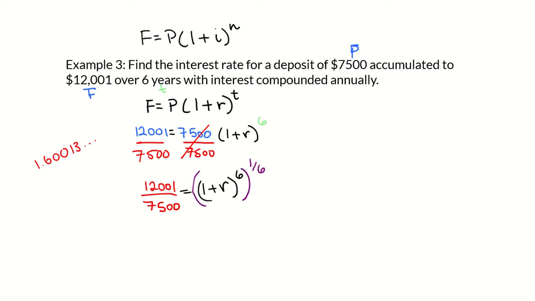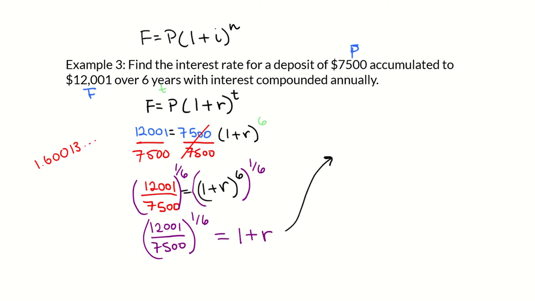So if we do that, we would get 12,001 divided by 7,500, to the 1/6 power, is equal to 1 plus R. Calculating this gives 1.0815 equals 1 plus R. So last step to solve for R is to subtract 1 from both sides, which gives 0.0815 equal to R. I wrote equals, but actually this is an approximation because it is rounded, so I'm going to write approximately.